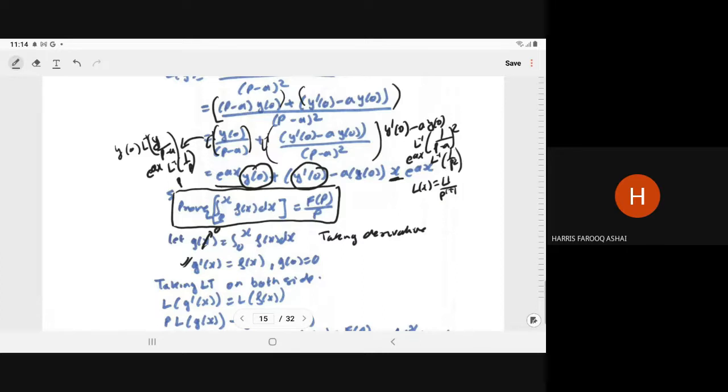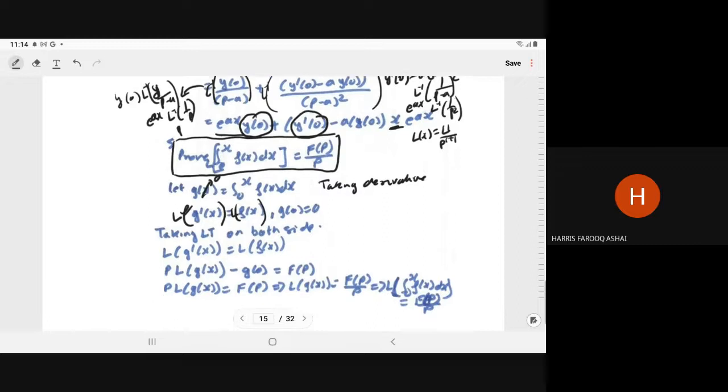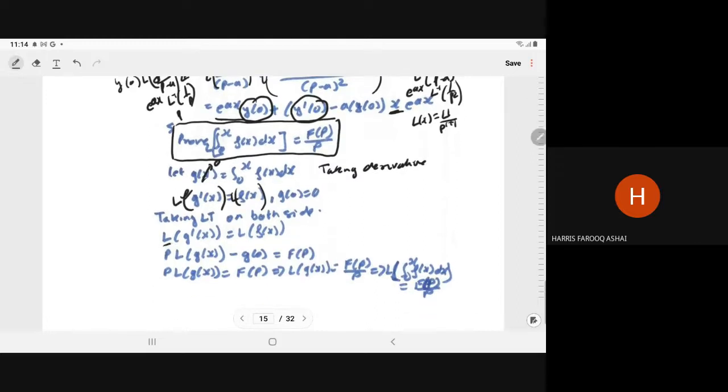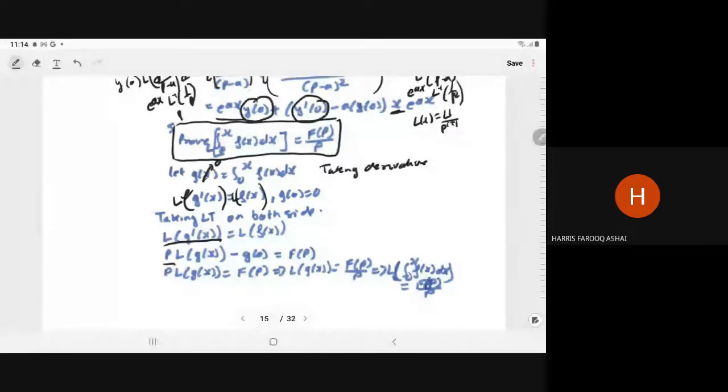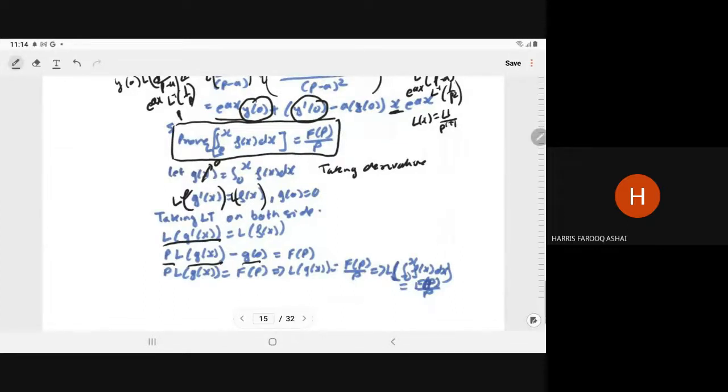Now if you take the Laplace transform on both sides, on the left hand side we have L of g dash, and on the right hand side we have Laplace of f(x). And we know that Laplace of g dash is p Laplace of g(x) minus g(0) is equal to Laplace of f(x).